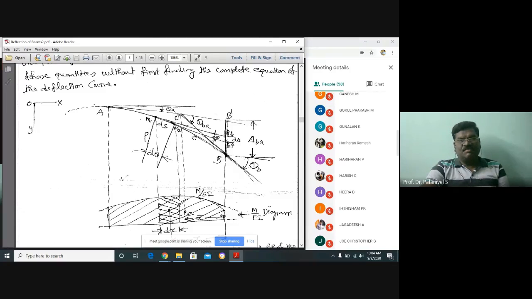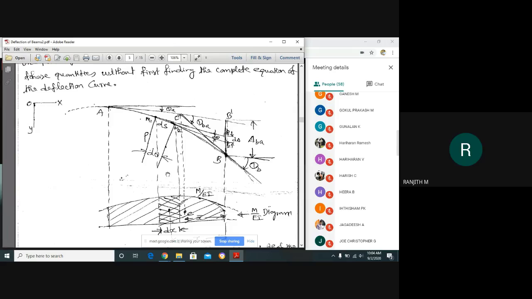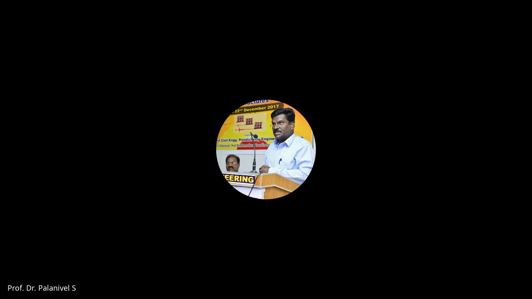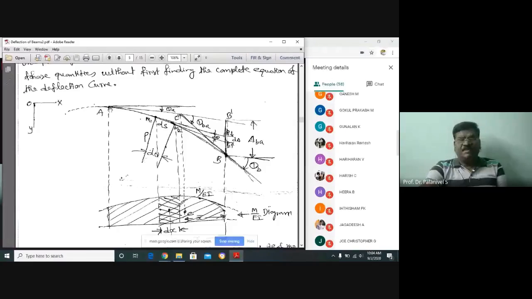If the curvature is downward, it is called sagging. I am considering a portion of the beam AB, in which I am considering an elemental length of the beam. I named these points M1 and M2, at a distance ds along the curve.